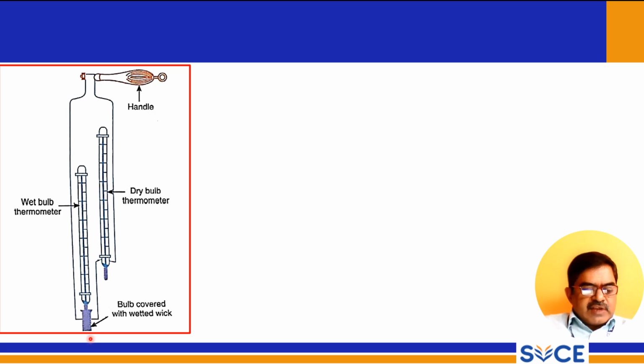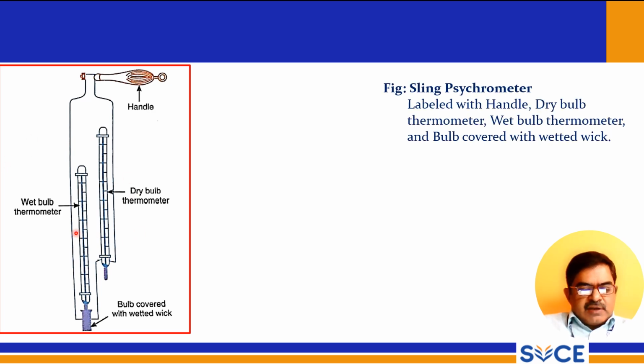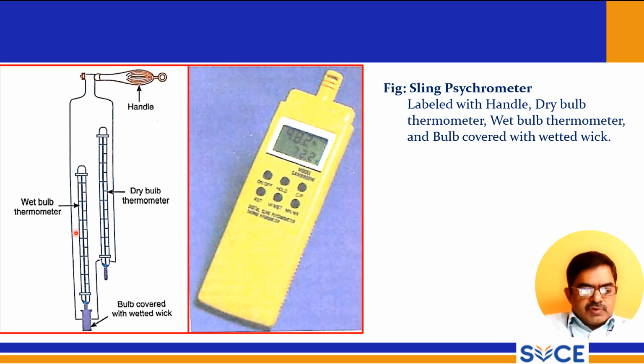So this is the side by side arrangement. We have the dry bulb thermometer and the wet bulb thermometer, with the wet cloth covered here, and this is the handle, and we can rotate this through some angle. This is known as the sling psychrometer. This is how the actual sling psychrometer looks.